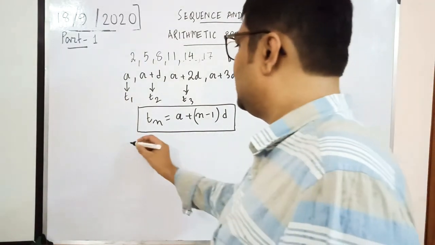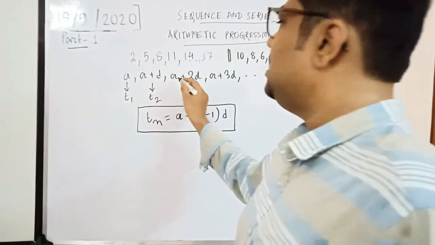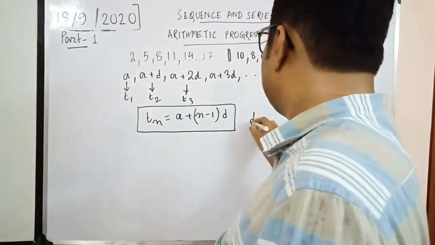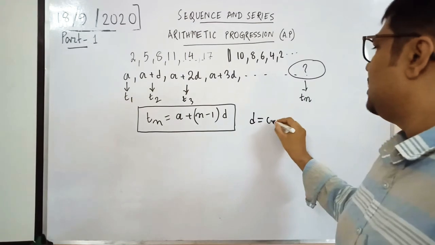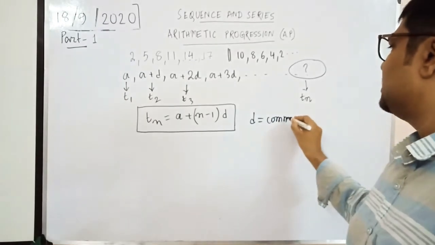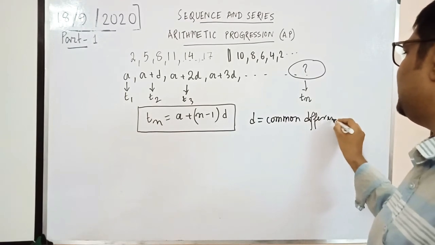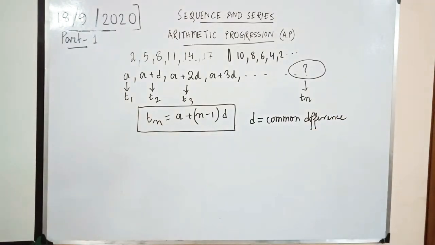Now, in every term you see d is added. So what is d? d is the common difference of this progression or of this series.